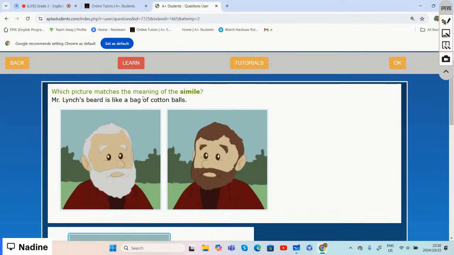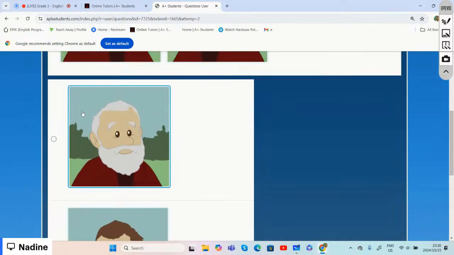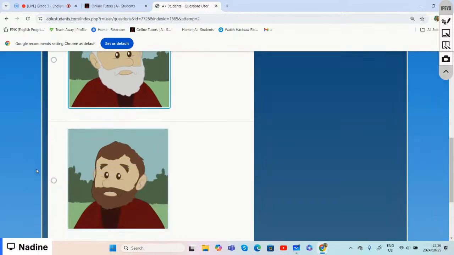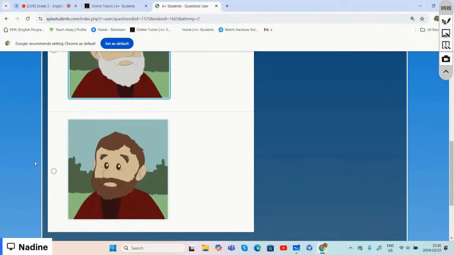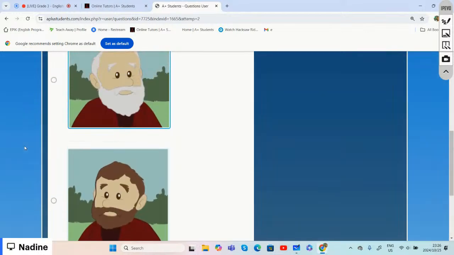When we say Mr. Lynch's beard is like a bag of cotton balls, is it the top one with the white beard or the bottom one with the brown beard? You need to match the picture with the simile.